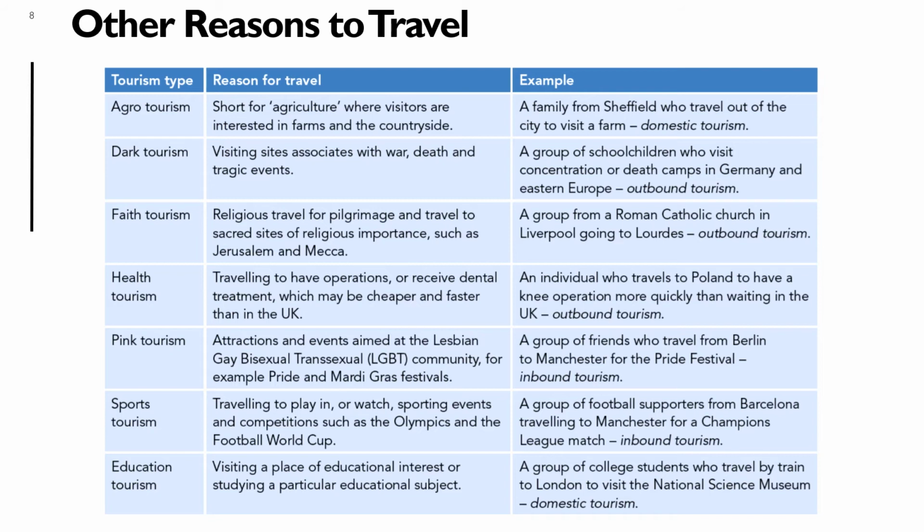And then there's faith tourism. It's about religious travel. There's health tourism, pink tourism, sport tourism, education tourism, and actually many other types of tourism that are not included here.